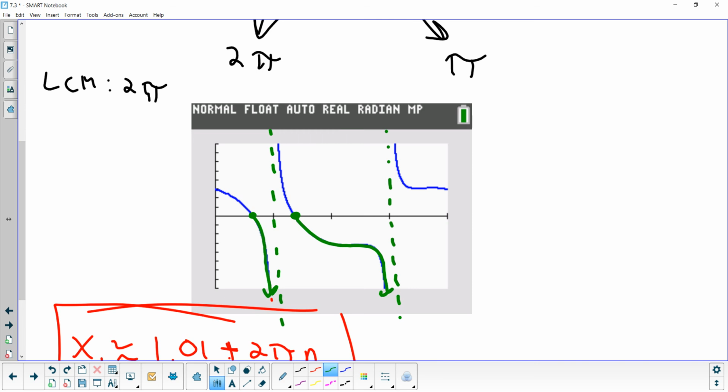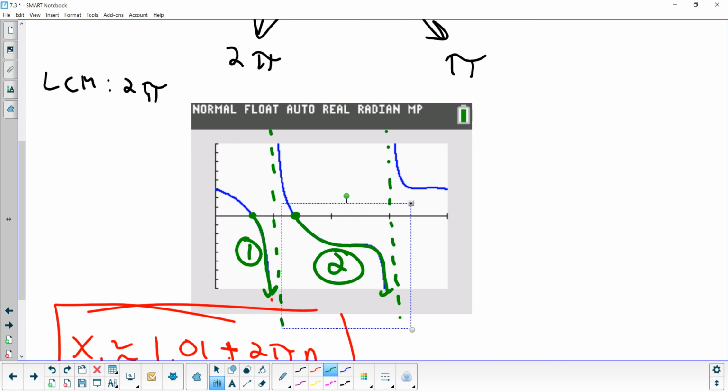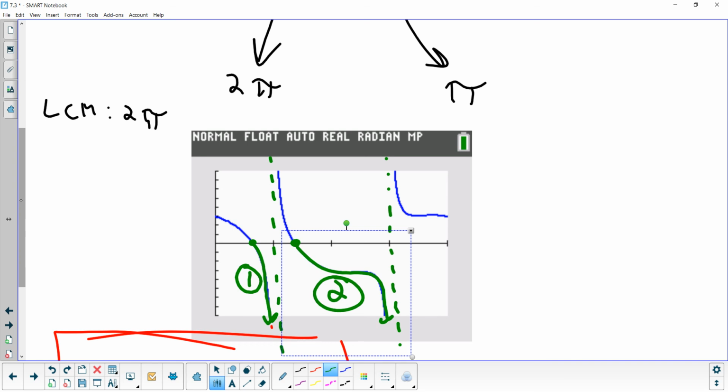So there are 2 intervals per cycle where this graph is below the x-axis: interval 1 from here to the asymptote, and interval 2 from here to the asymptote. Asymptotes can be a little tricky to find in a more complex trig function, but usually they're pretty obvious, like a nice number like pi. It's not going to be a tricky value to figure out. You'll be able to see it clearly.